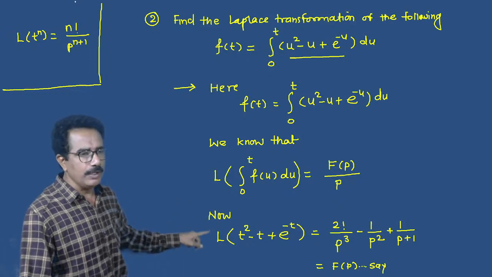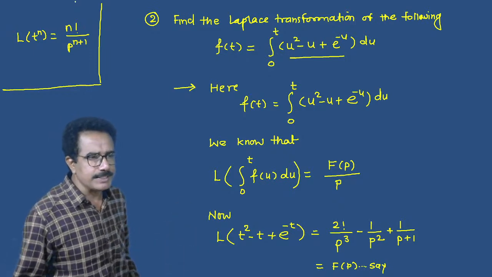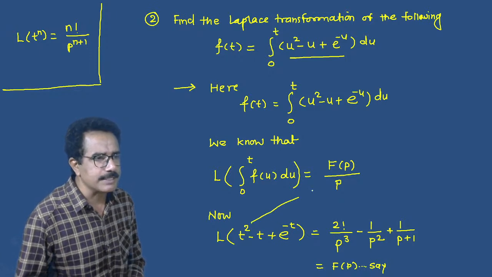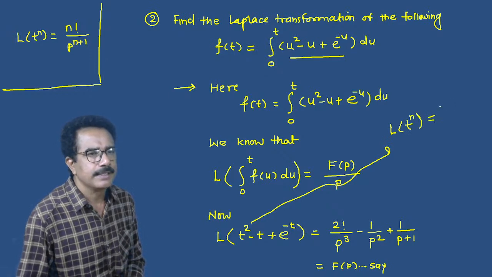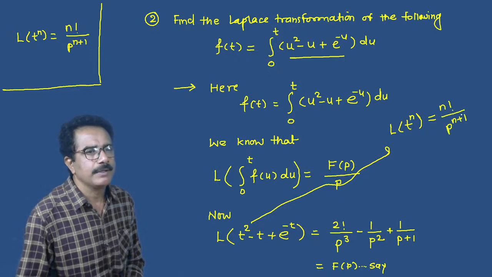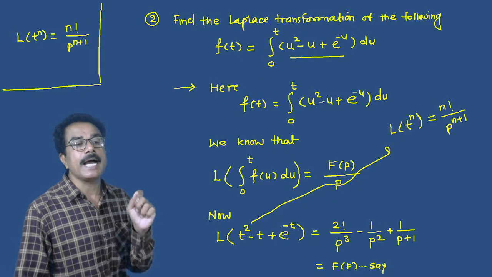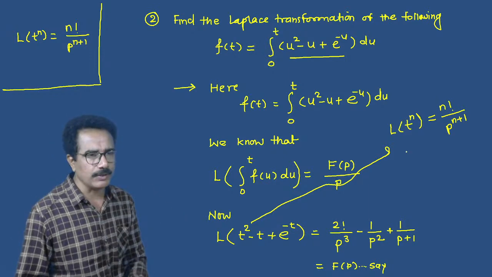Okay? So, Laplace transformation, we can separately calculate this. Laplace transform of t raised to n is n factorial divided by p raised to n plus 1, or we can write gamma of n plus 1, whatever may be.